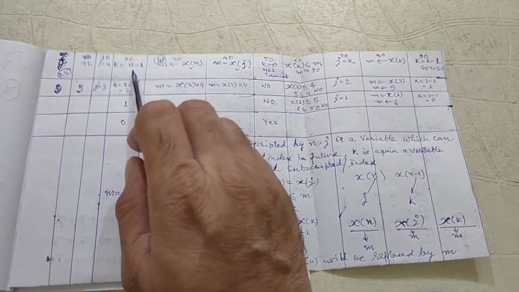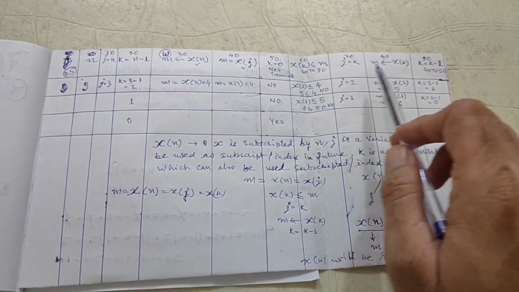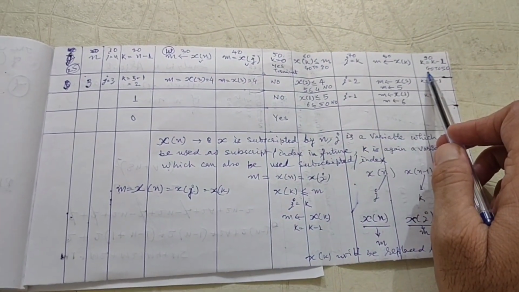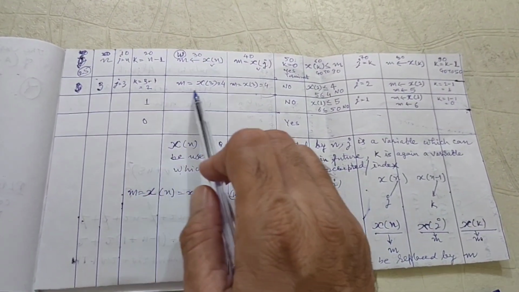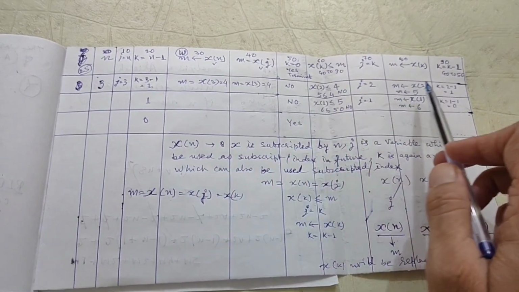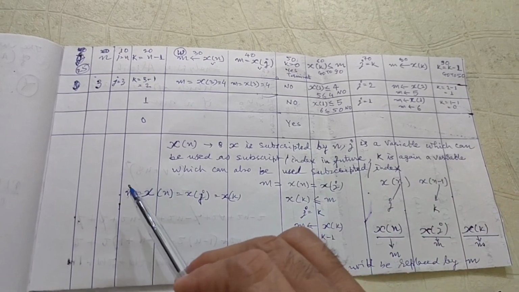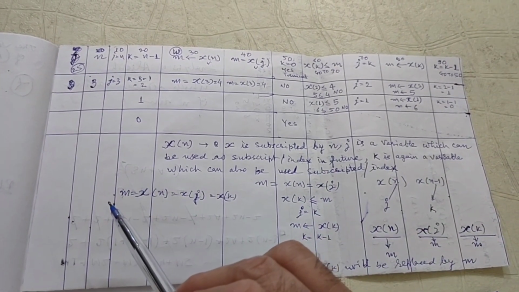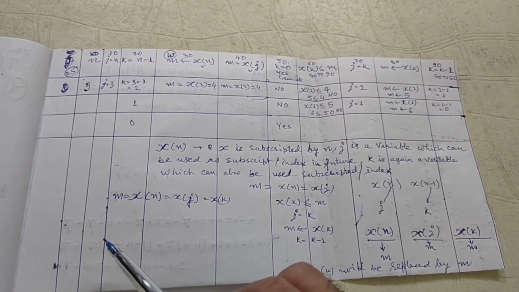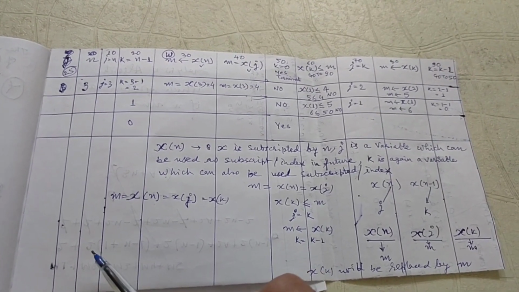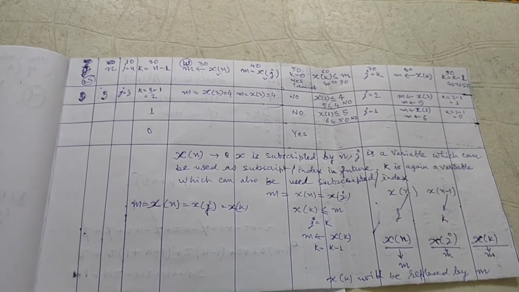These are steps 10, 20, 30, 40, 50, 60, 70, 80, 90. N is equal to 3, J is equal to 3, K is equal to 2, M is equal to this. So I have just executed all the steps. This is the execution.